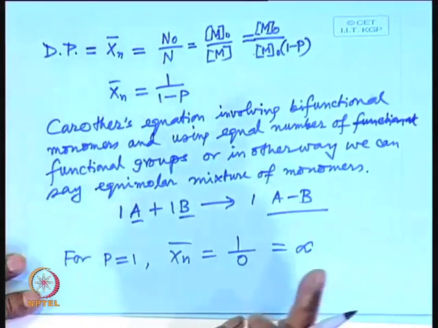Now, one question I can ask you, in that ideal situation, taking 100% pure monomer and perfect stoichiometry, what will be the end groups present over there and how many numbers, and how many molecules will be there?